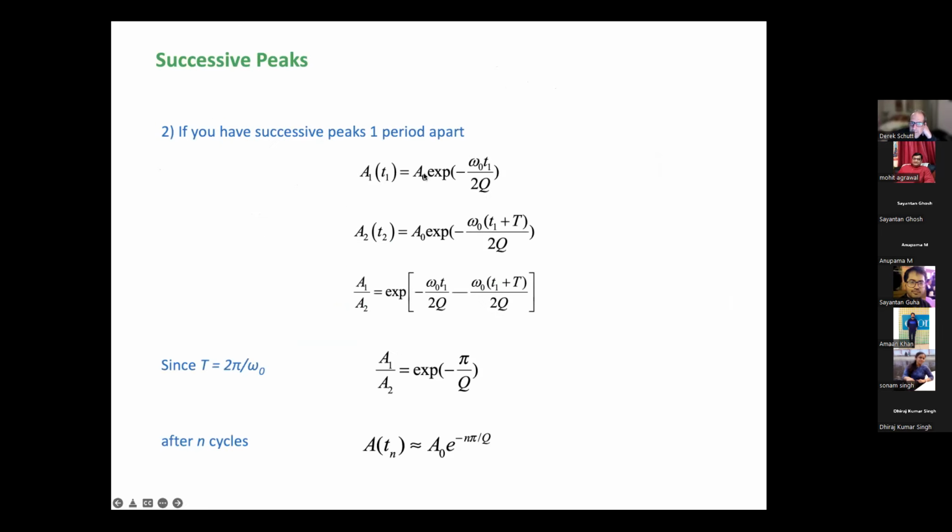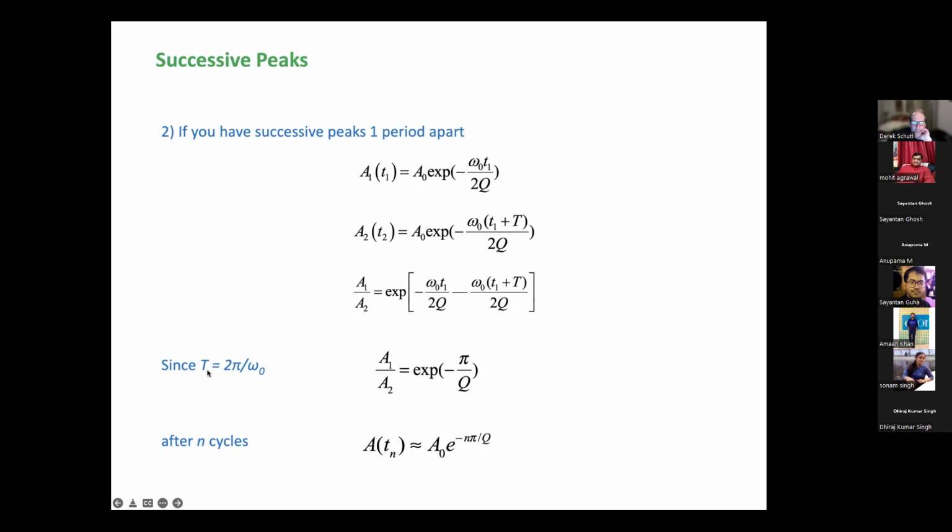If you have successive peaks one period apart, so one is at t1 and the next one's at t1 plus T, which is the wave period, then the amplitude ratio is going to be e to the minus omega naught t1 over 2Q over e to the minus omega naught (t1 plus capital T) over 2Q.